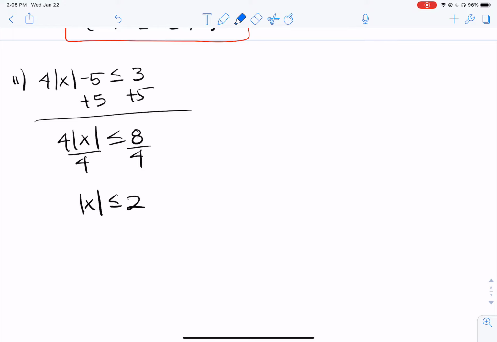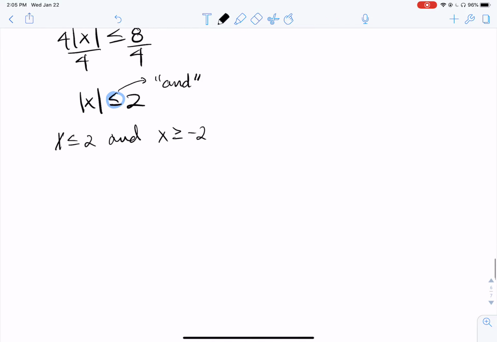Now again that we have the absolute value inequality isolated, we can now look at the inequality and determine what kind of compound inequality we're going to create. This is going to create an and compound inequality. So x would be less than or equal to 2, and x is going to be greater than or equal to negative 2.